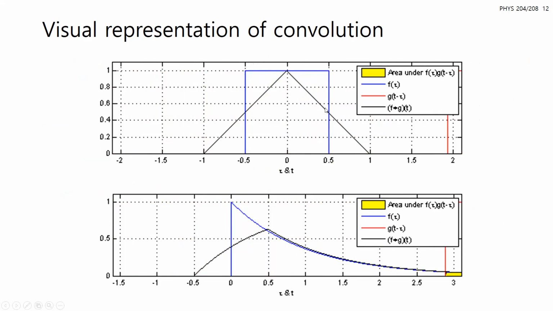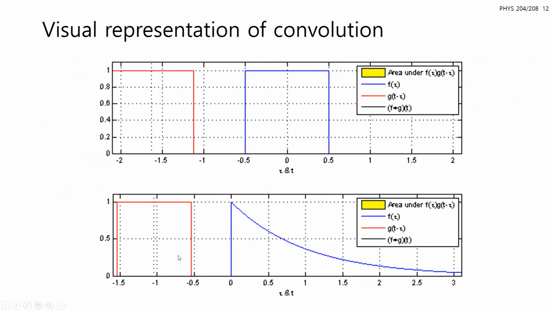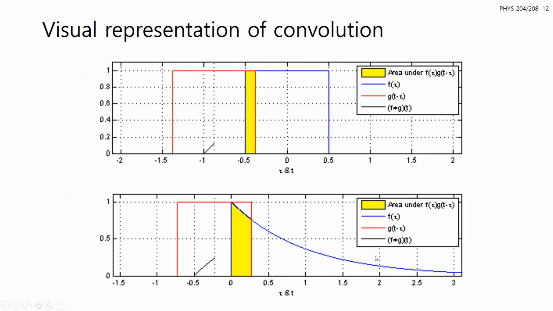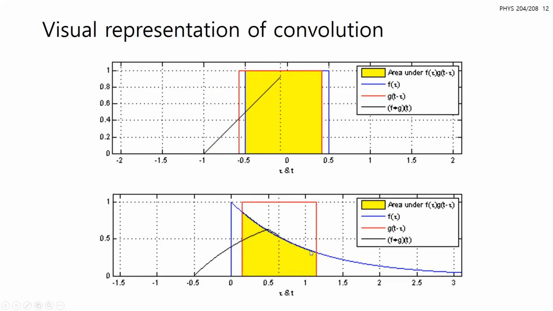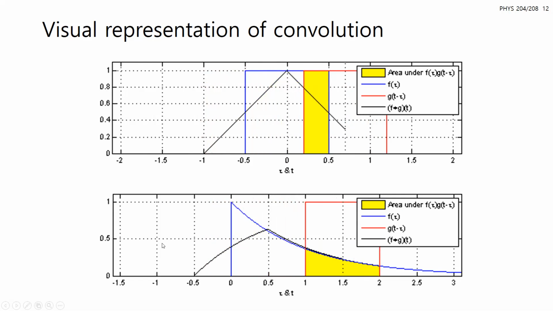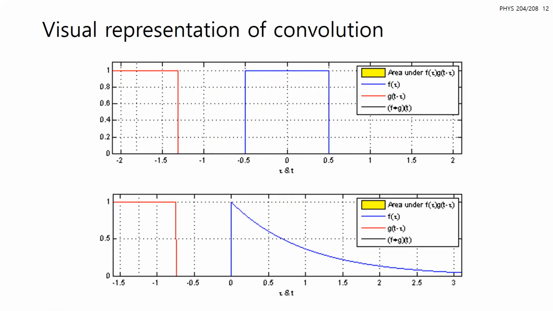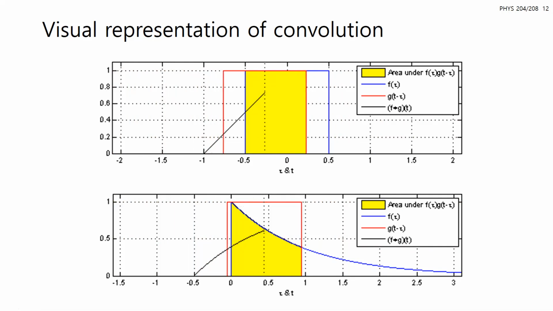So you can see this triangle shape for 2 step functions. And then you can see the step function and the exponential, the convolution between those two, which this type of convolution will be important when we get into discussions next week as well. And also in lab 3, you'll be working with MATLAB to make these kinds of plots yourself as well.